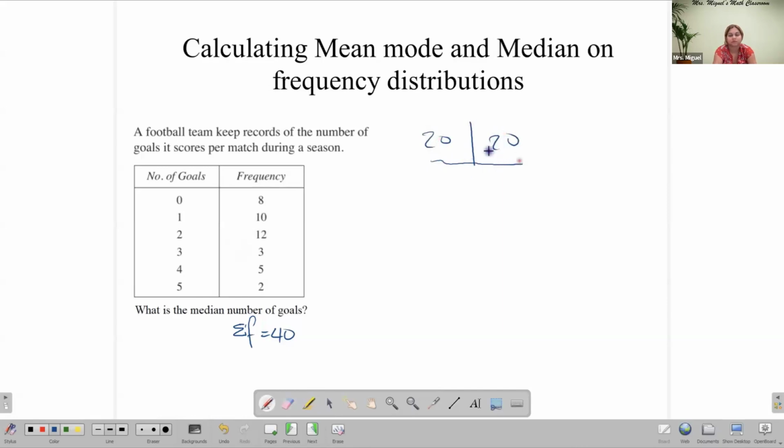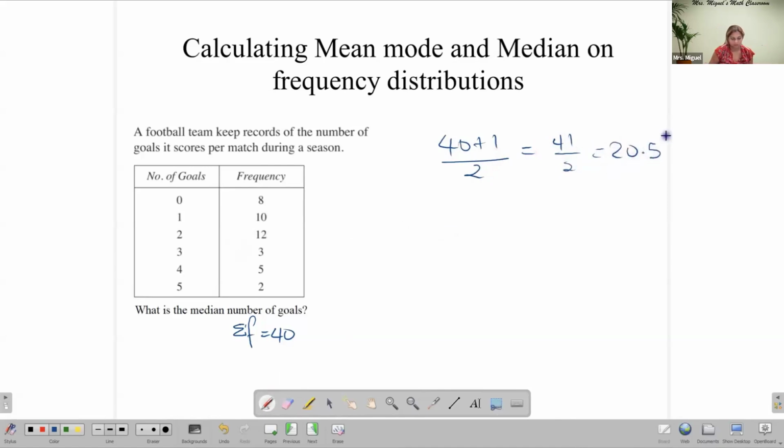And so you'd have to find what number comes in between the 20th and the 21st number. So for that reason, we add 1. So we would say 40 plus 1 over 2, and that gives us 41 over 2, which is 20.5.